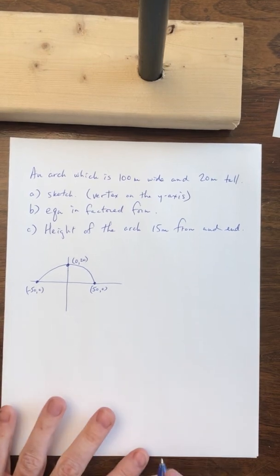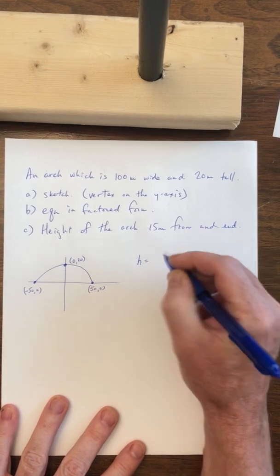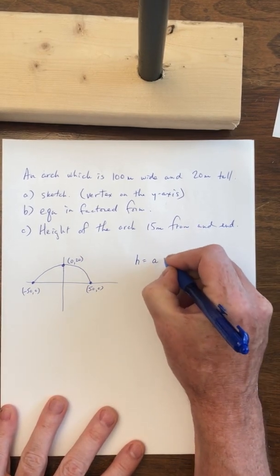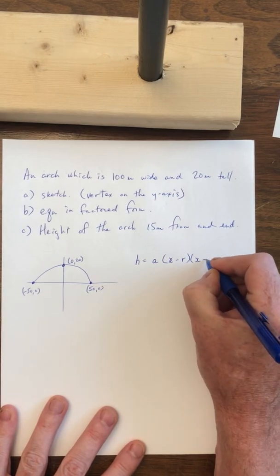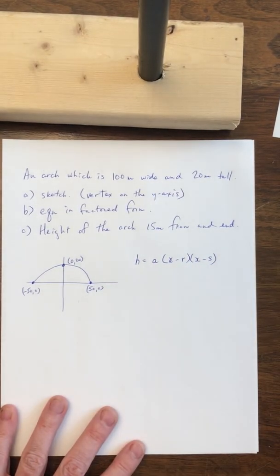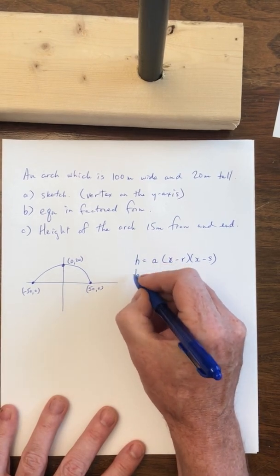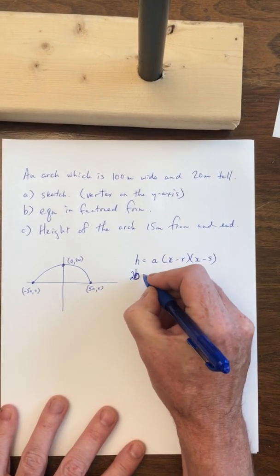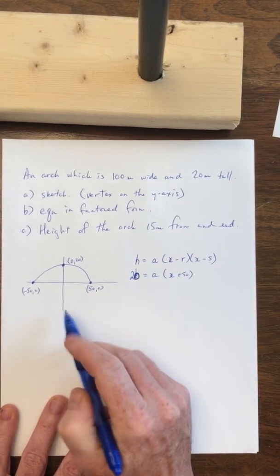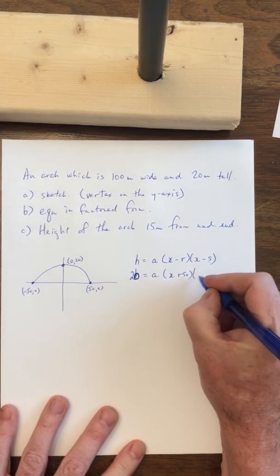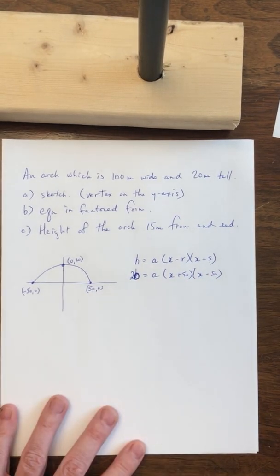Our equation in factored form is the height is equal to a(x - r)(x - s). We know our zeros, and we know our height. So 20 is the height, (x + 50)(x - 50).